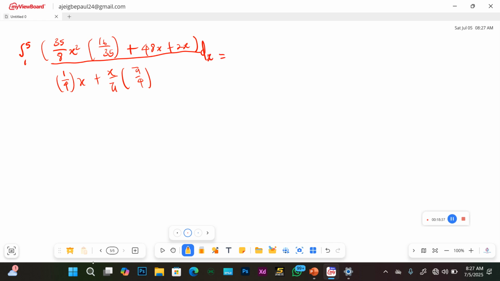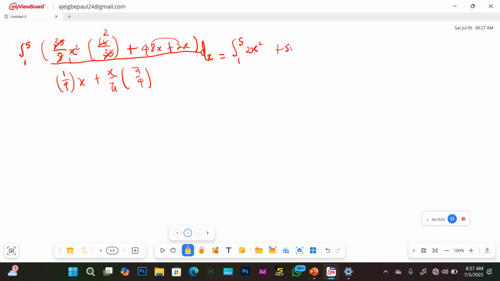All right, so this will be equal to, now you can see 35, we cancel out 35, 8 in 8 is 1, 8 in 16 is 2, and then 48x plus 2x will give us 50x. Then we have the integral from 1 to 5 of x squared multiplied by 2, so that will give us 2x squared.